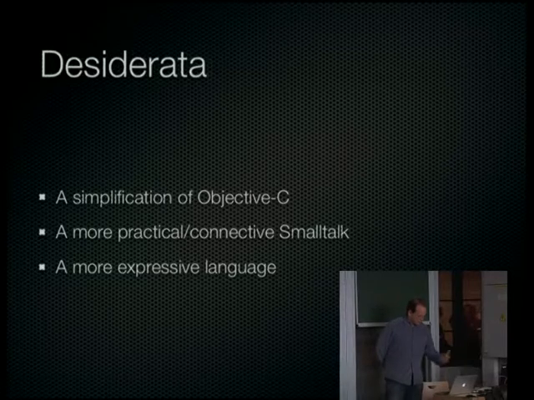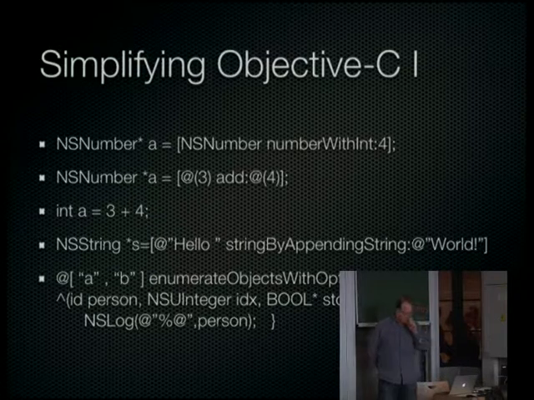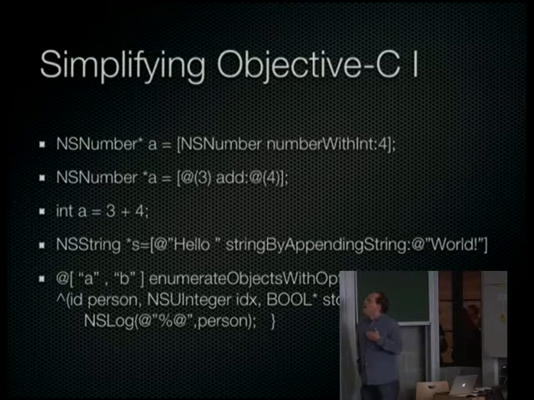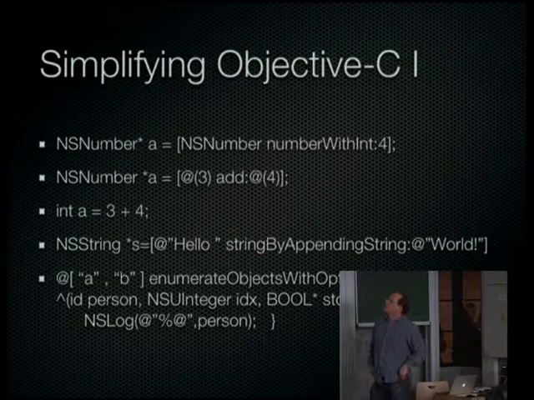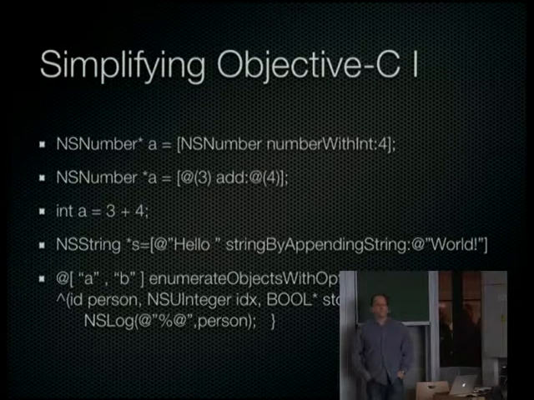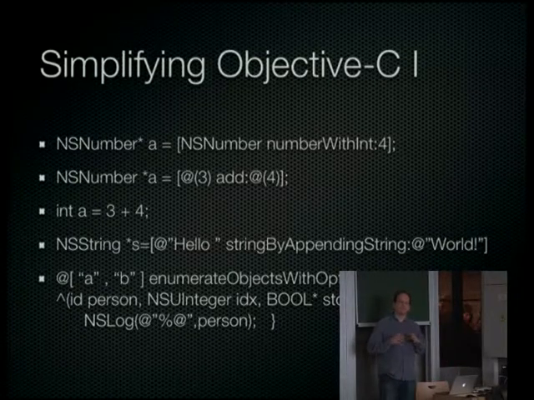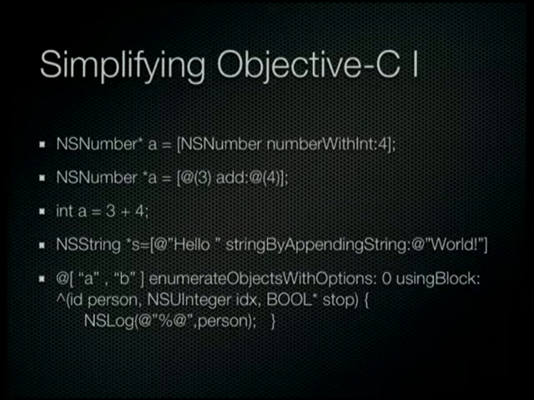And so the first thing is, let's simplify Objective-C, and this is why, right? Objective-C has really grown over time. It used to be just a system for wrapping C programs in little Smalltalk-like wrappers, but we've kind of stopped doing that. We're actually using the object system, and as that, it's not really very good. If we want to have an object number that's NSNumber numberWithInt: 4, well, that's not really good.